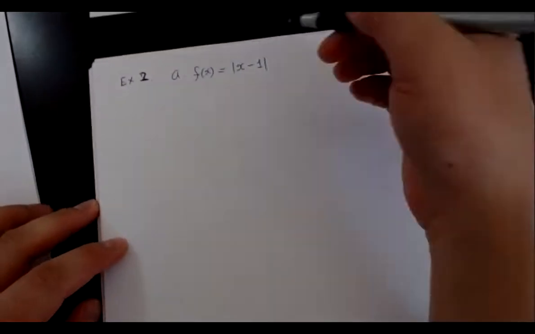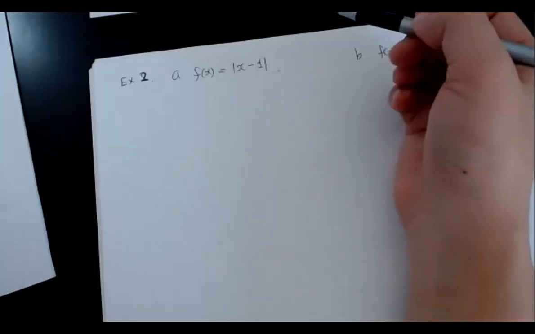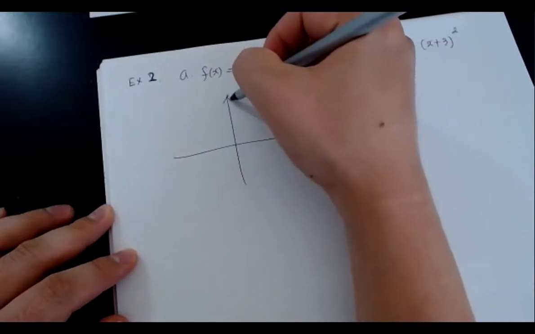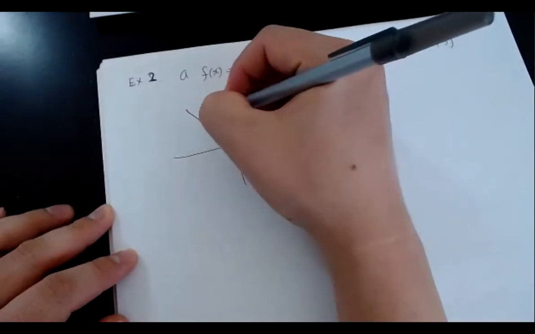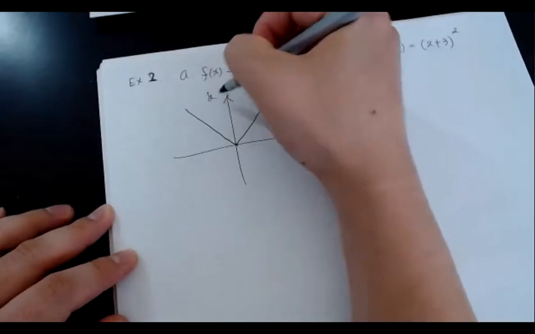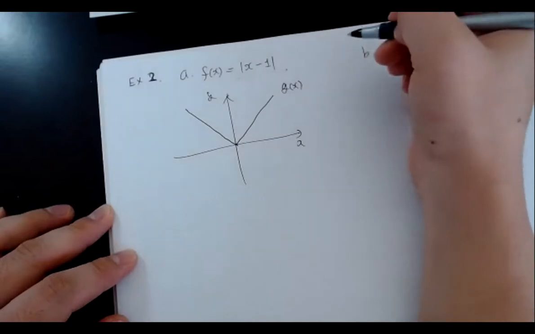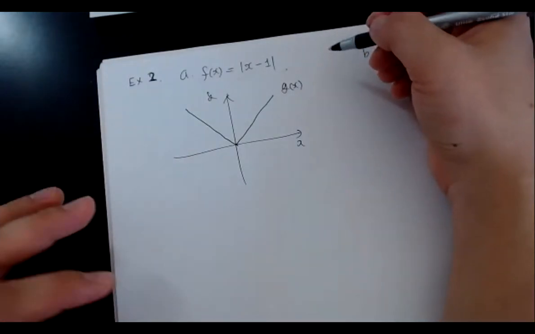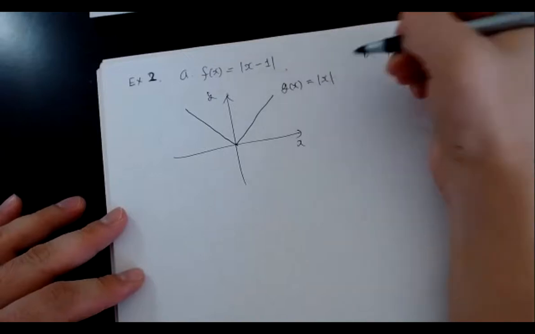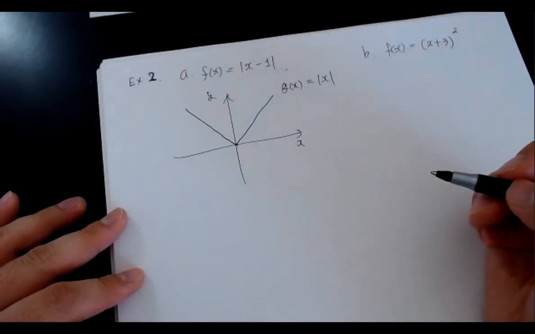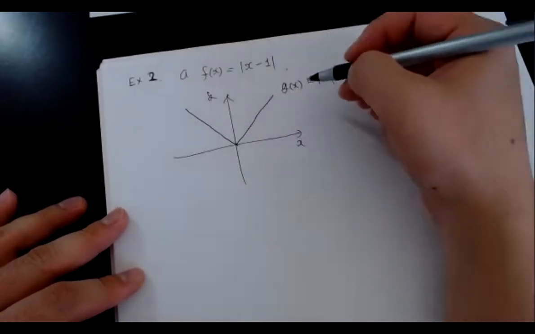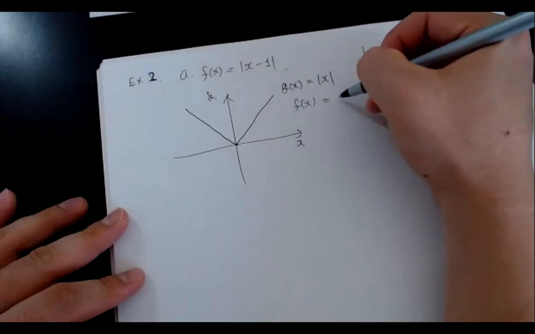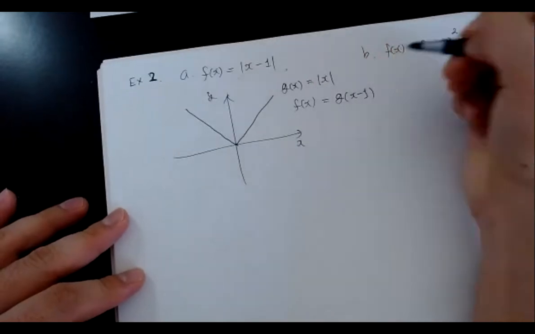Now you see that the first is similar to the absolute value of x, right? We know the graph of the absolute value of x, which is this. X axis, y axis. Let me use the letter g to represent the absolute value function. Then f of x is nothing but g of x minus 1, right?